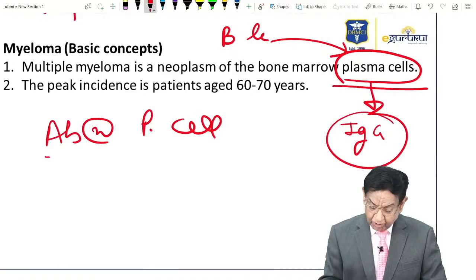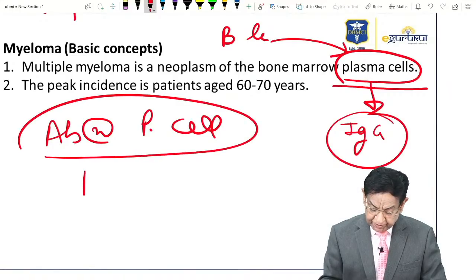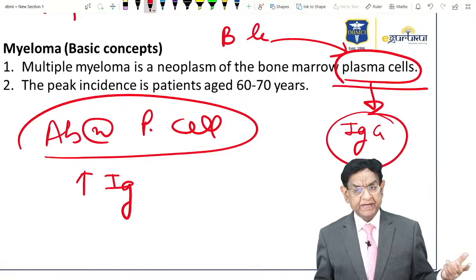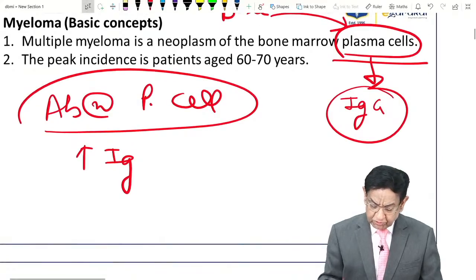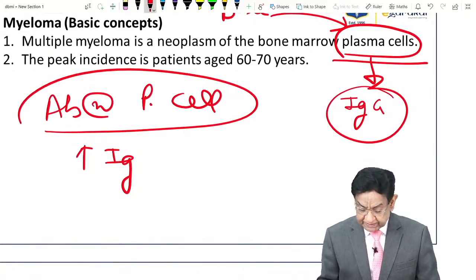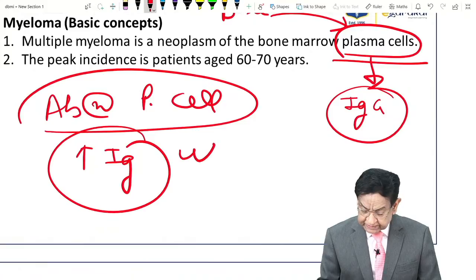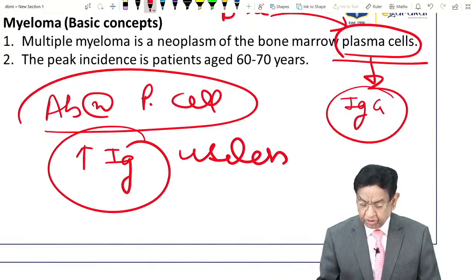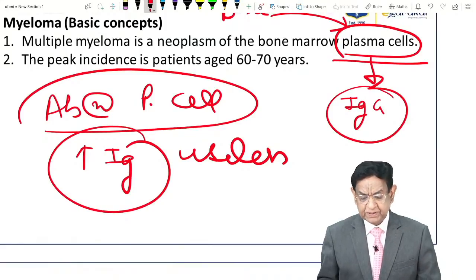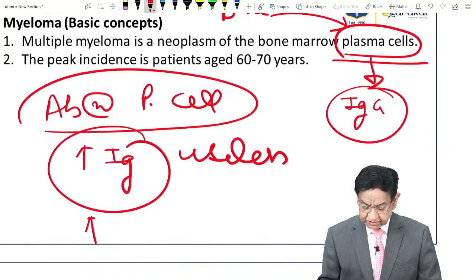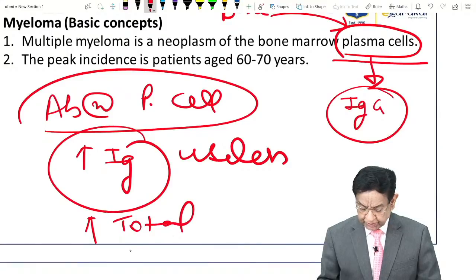Now this abnormal plasma cell produces immunoglobulin. Yes, it is the purpose of creating immunoglobulin. But what is the problem? Although they are making immunoglobulin, it is useless immunoglobulin. They don't work, they are not effective, but they cause increased total protein.